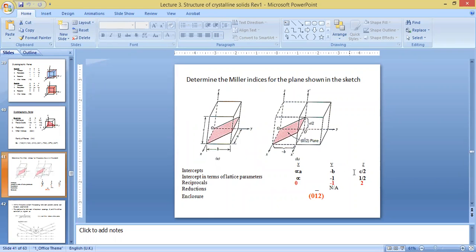That would be -1. C/2, c being 1, we'll have half. Find the reciprocals and then get rid of the fractions. You have 0, -1, and 2. Then that's how you write it. The overbar is on 1, because it's a negative value. So you have 0, 1-bar, and you have your 2 over there.